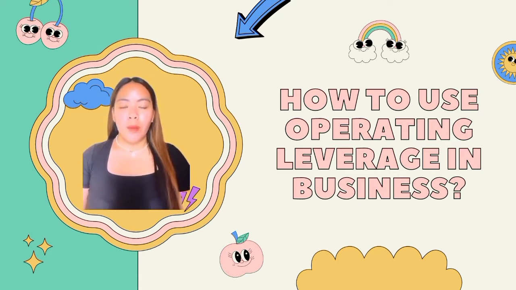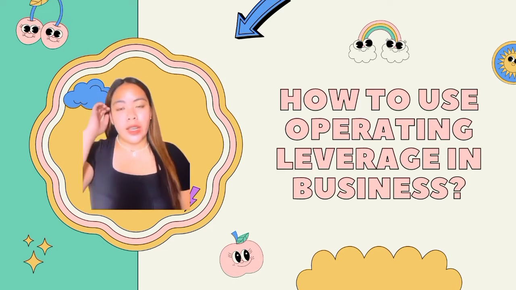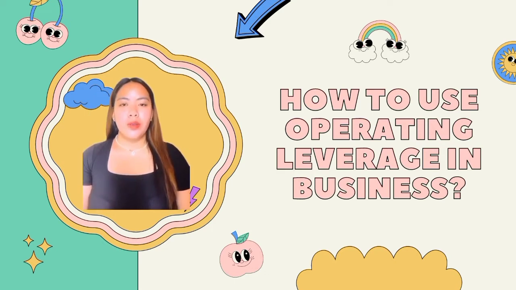Even though operating leverage doesn't tell the whole story about the company, it certainly can help. So operating leverage reveals how well a company is using its fixed cost items such as warehouse, equipment, and machineries for production to generate their profits.